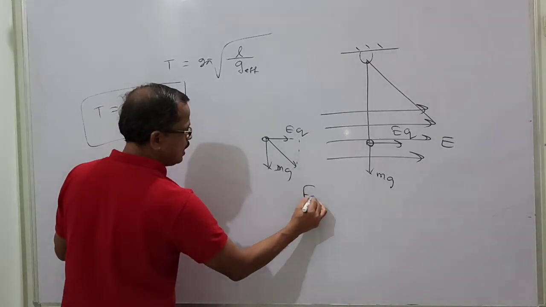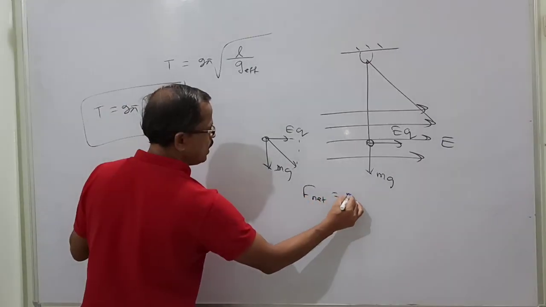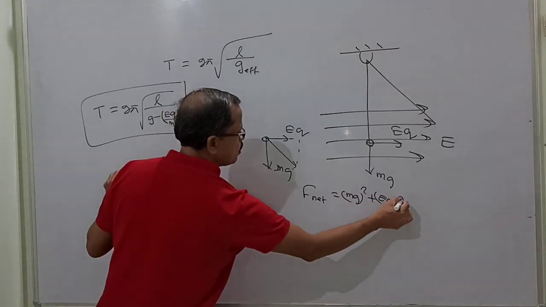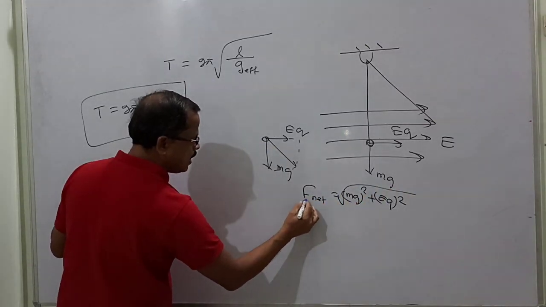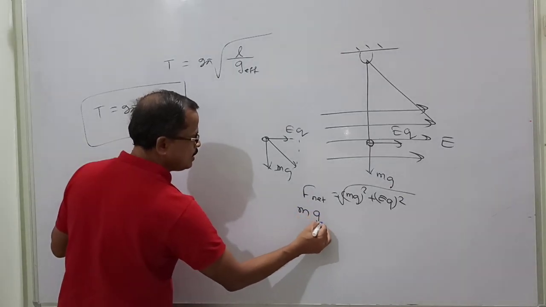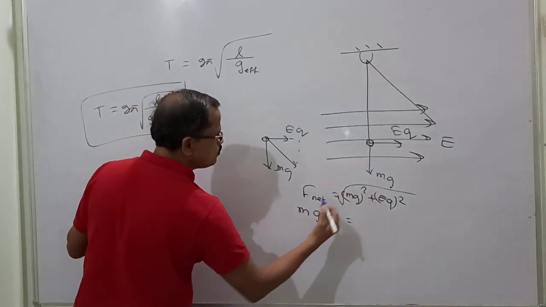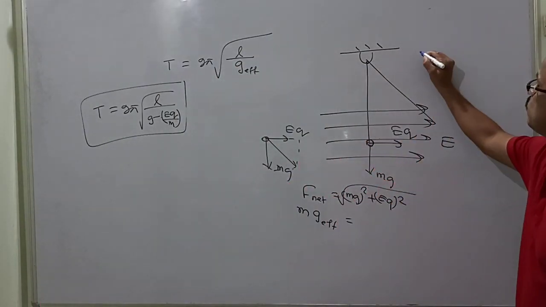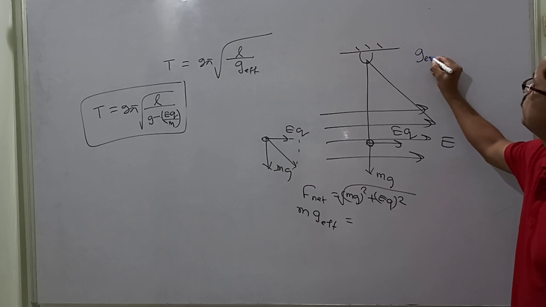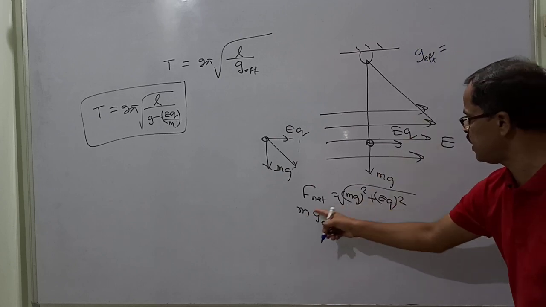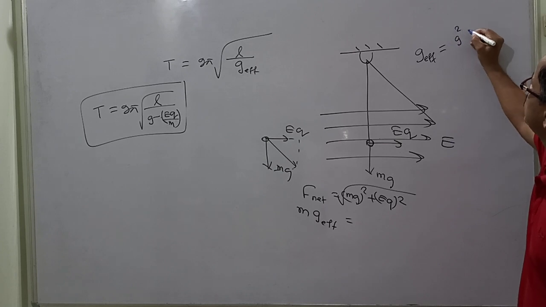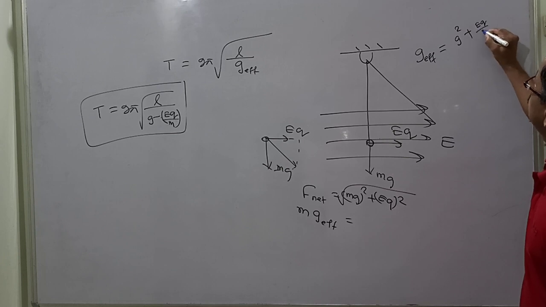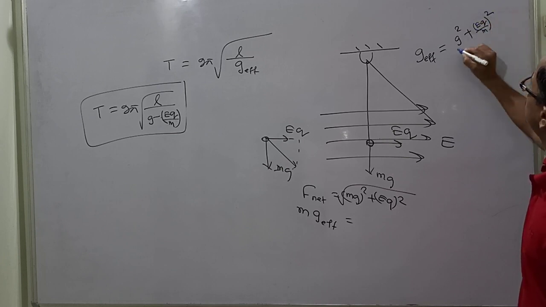Then F net is equal to √((mg)² plus (EQ)²). The net force is equal to mass times g effective. So g effective, divided by mass, is equal to √(g² plus (EQ by m)²), because m cancels.